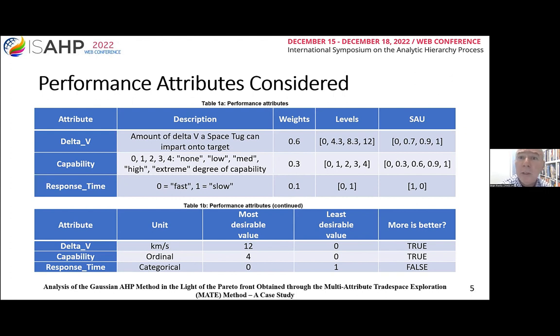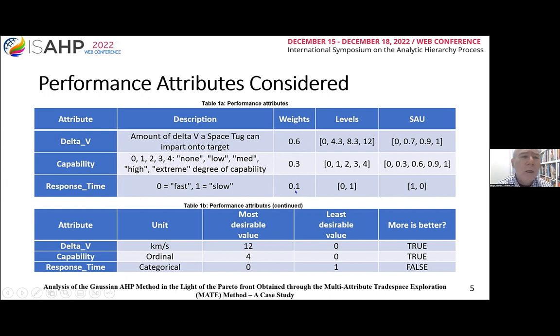I'm not going into details of the method used for selecting the attributes. It's not important for the result of our work. I only have to call your attention to the assigned weights for each attribute.